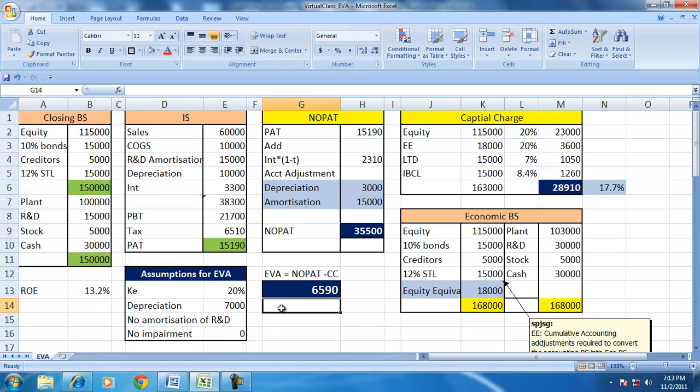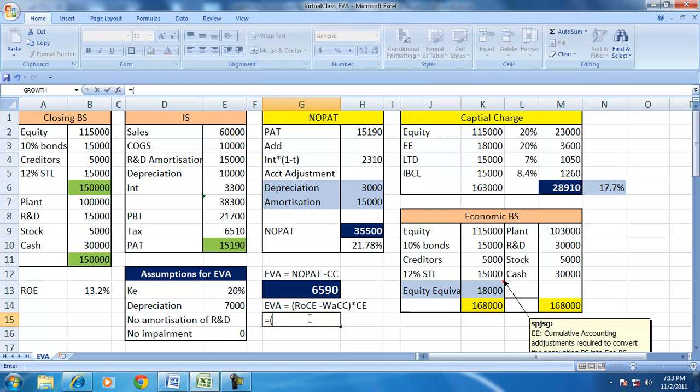We can also find EVA by saying that it is the return on capital employed minus the WACC, into capital employed. The return that you got is 35,000 divided by this, so 21% is the return on economic capital employed.